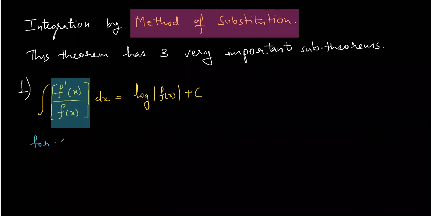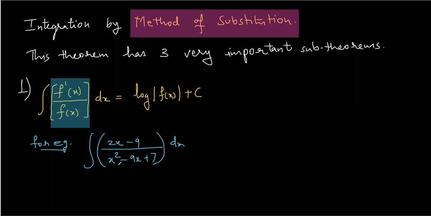For example, suppose I have to integrate one function which is 2x minus 9 upon x square minus 9x plus 7. So this one you want to integrate. What do you notice?